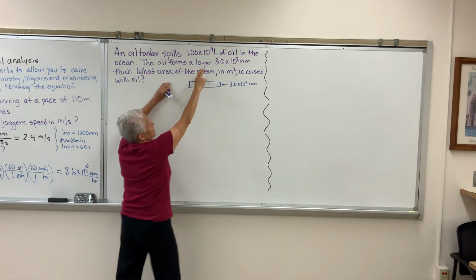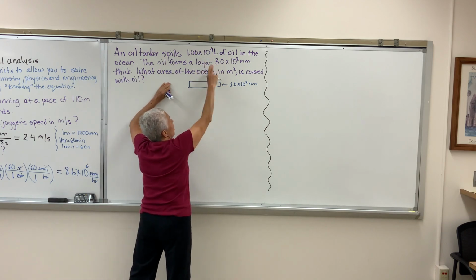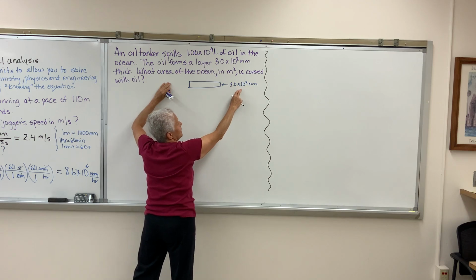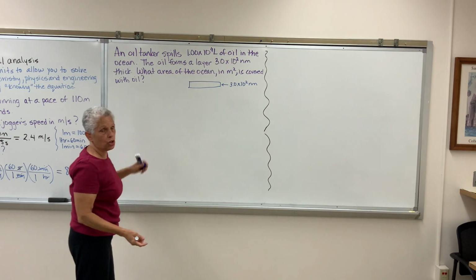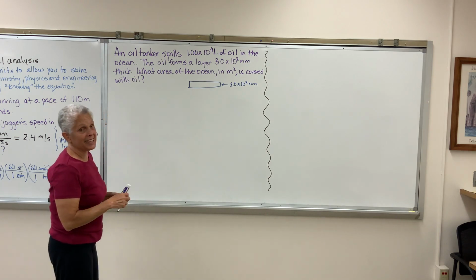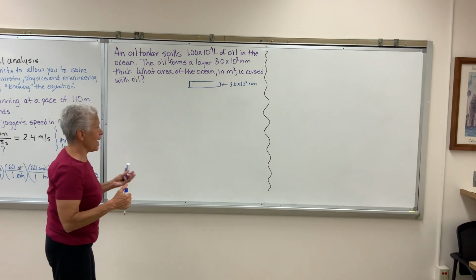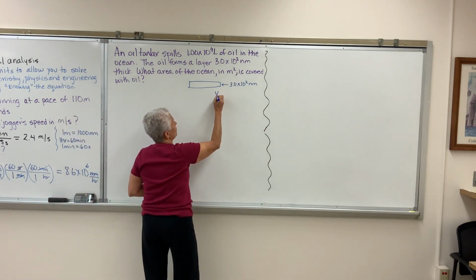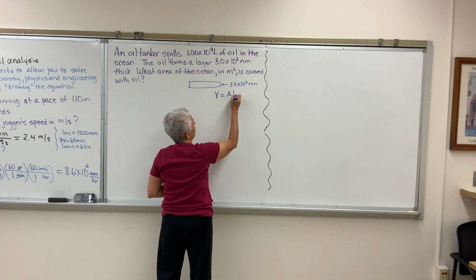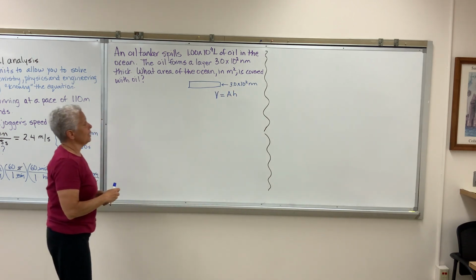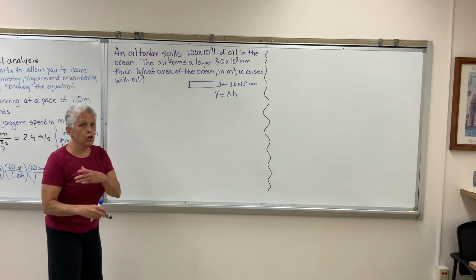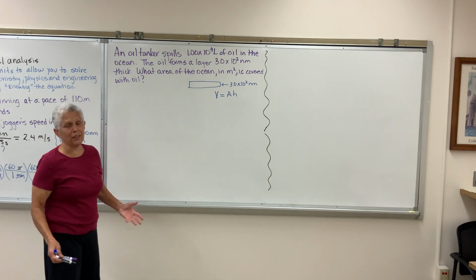And you know that this is a volume. And so you have a volume, and this is a height. Then what's left is area. So your problem is to find the area. It's not really mathematically a hard problem. So you have volume equals area times height or length, your choice. Mathematically, if you don't care about the units, it's very straightforward.